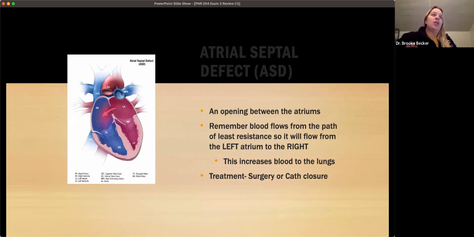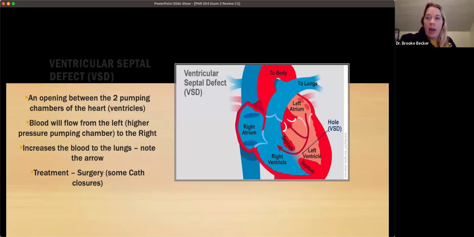So atrial septal defect, ASD, is the opening between the two atria, and the blood flow is going to shunt from the left to the right atria and circulate multiple times to the lungs, which means it's acyanotic because that's that purple blood, right?